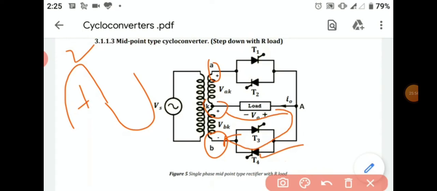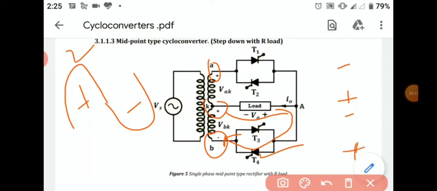Now during the second negative half cycle, the potentials at different points will be reversed. That is, at point A the potential will be negative, at point K the potential will be like this, and at point B the potential will be positive.